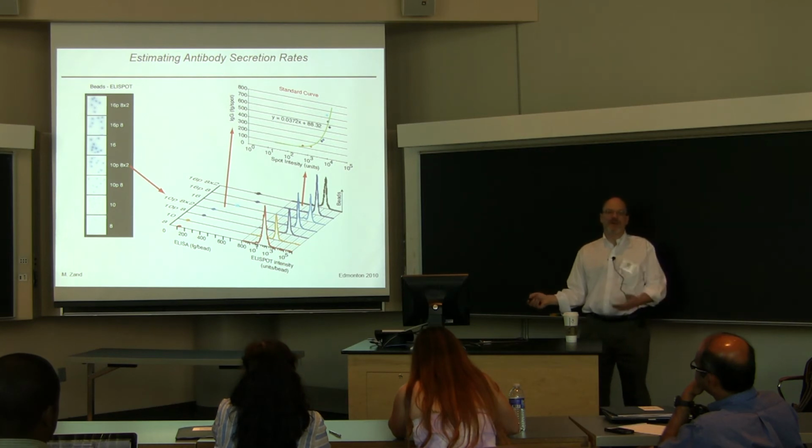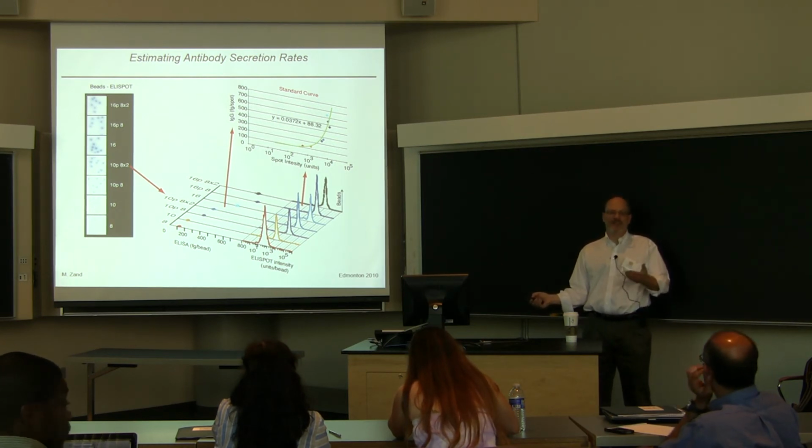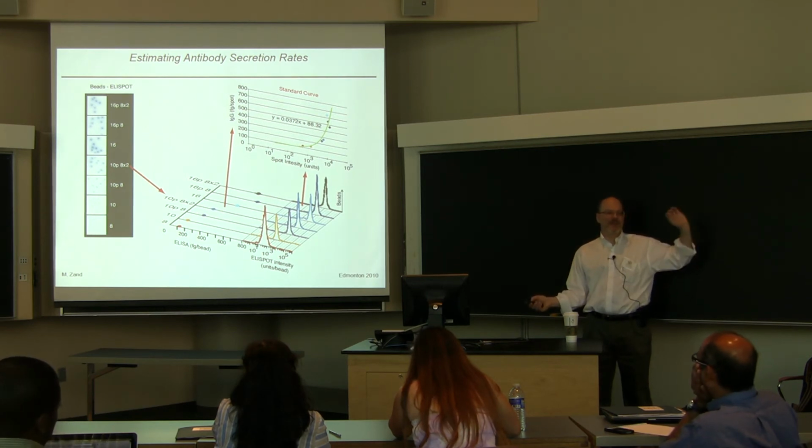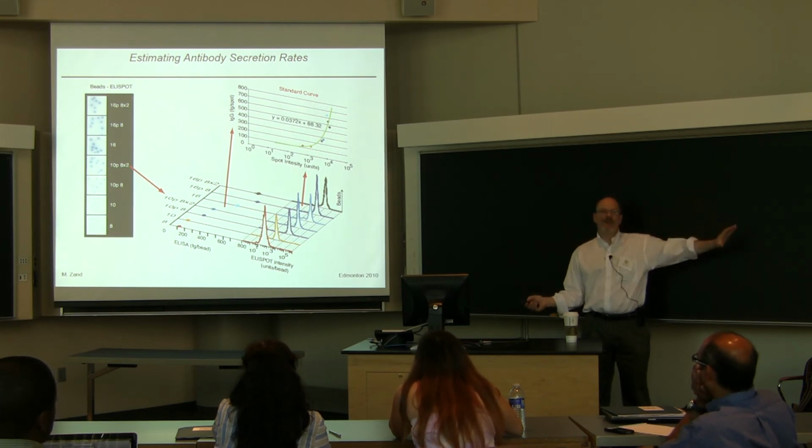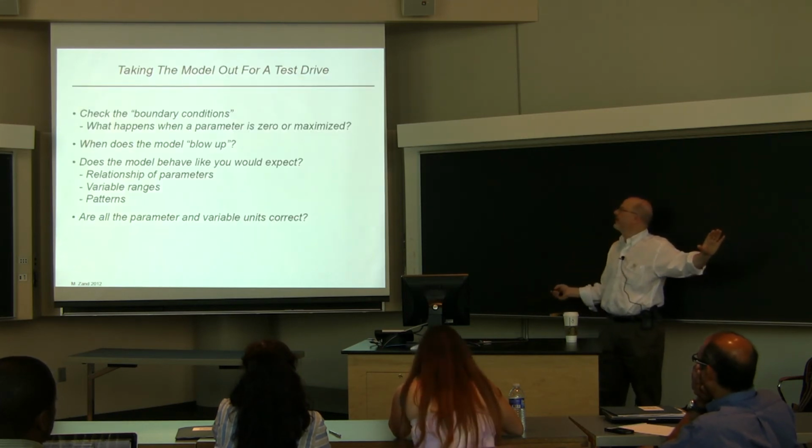And so we can come up with a statistical estimate of what a single plasma cell secretes in terms of the amount of antibody. So that's a parameter that we can estimate not from measuring blood IgG levels, but you go back into the lab and you get creative.